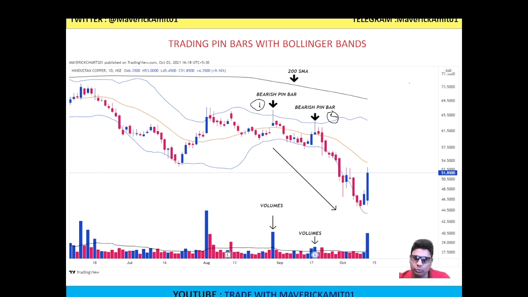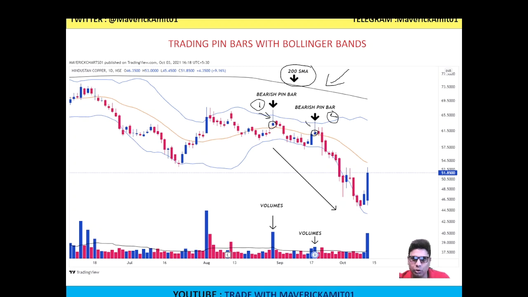So friends, let us try to revise once again. So what are my conditions? My first condition, that this particular price action must form when my chart is below the 200 SMA. So that condition is met. My bearish pin bar candlestick pattern is confirmed because my real body is small, and it has got long tails.